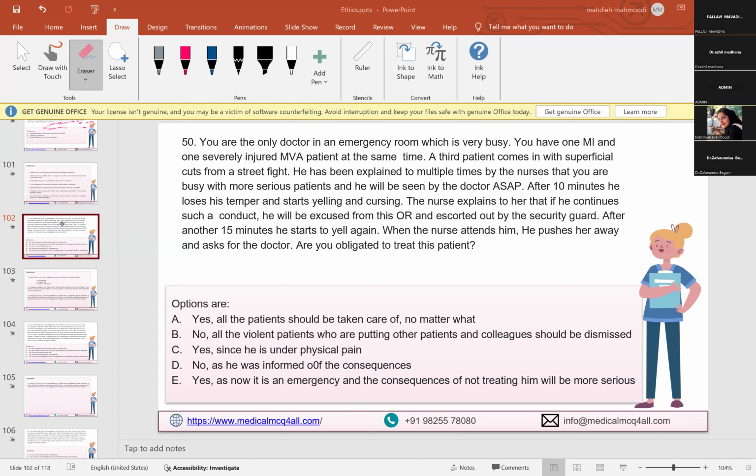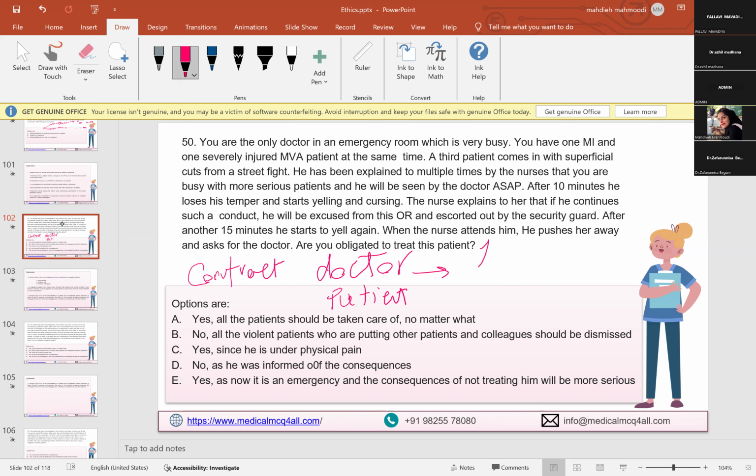Well, here's the thing. No, it's not. There is a contract between a doctor and the patient. I treat you no matter what, you will not be violent.